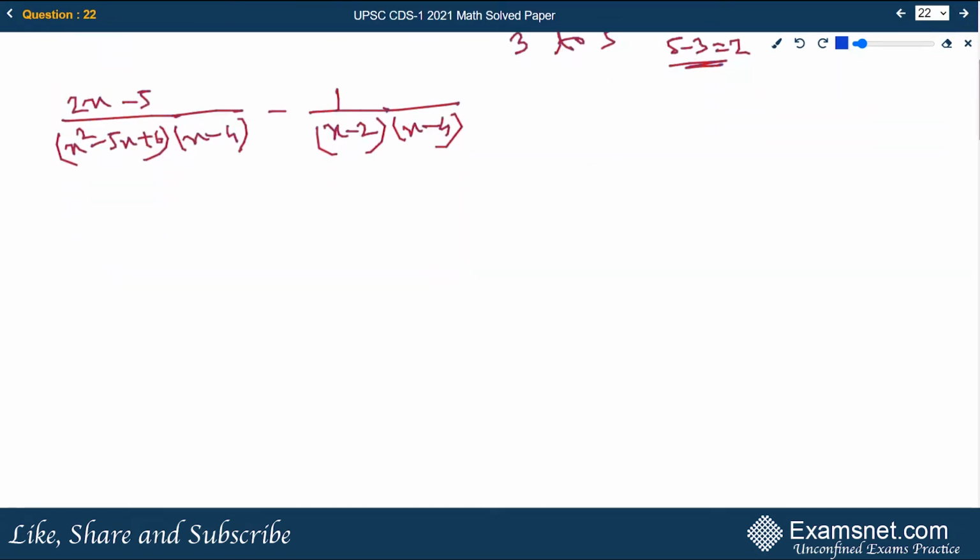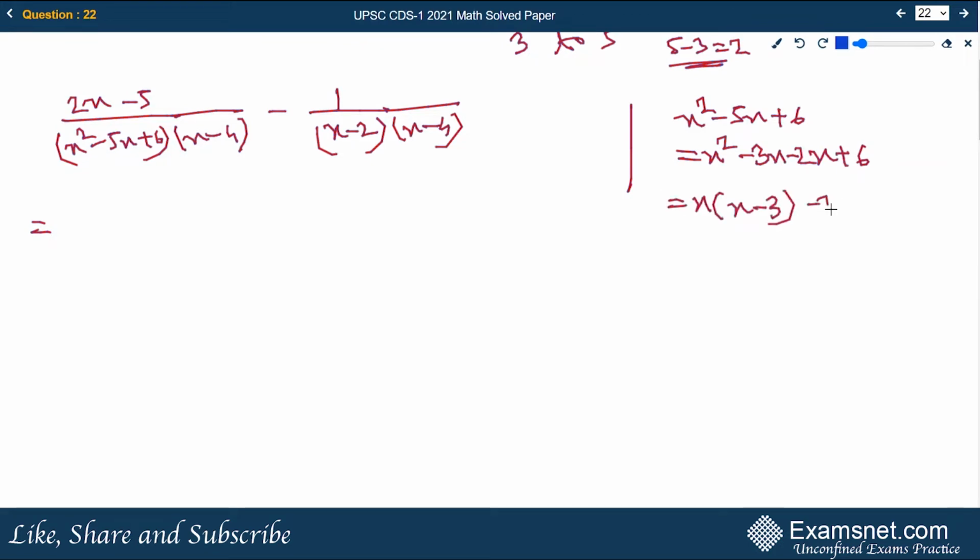Now after factorizing, I will get it here. Let me show you how. x square minus 5x plus 6 is x square minus 3x minus 2x plus 6, so (x minus 3)(x minus 2). These are the factors.